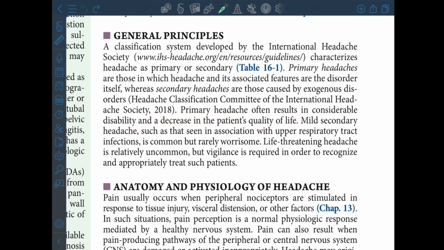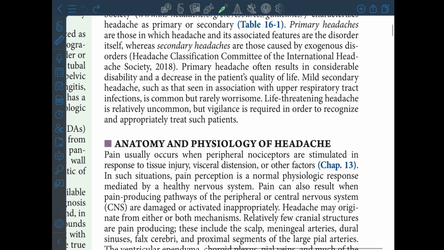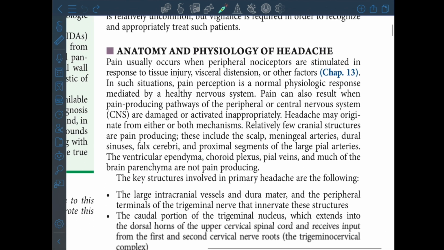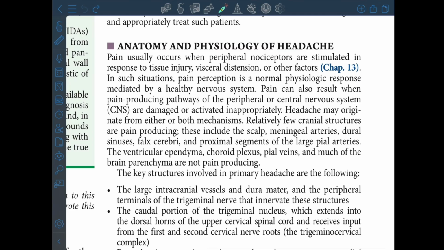Mild secondary headache, such as that seen in association with upper respiratory tract infections, is common but rarely worrisome. Life-threatening headache is relatively uncommon, but vigilance is required in order to recognize and appropriately treat such patients. Anatomy and physiology of headache. Pain usually occurs when peripheral nociceptors are stimulated in response to tissue injury, visceral distension, or other factors.